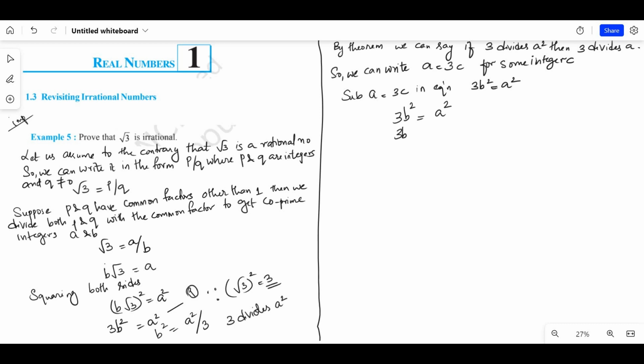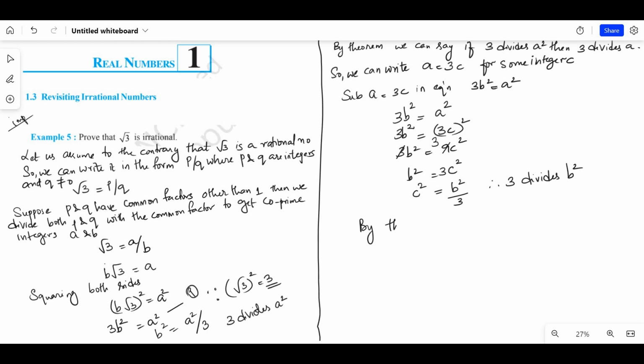So this becomes 3b square is equal to 3c the whole square. So 3b square is equal to 9c square, b square is equal to 3c square. 3 cancels 3. C square is equal to, we are taking 3 to the other side, it becomes b square by 3. Therefore 3 divides b square.